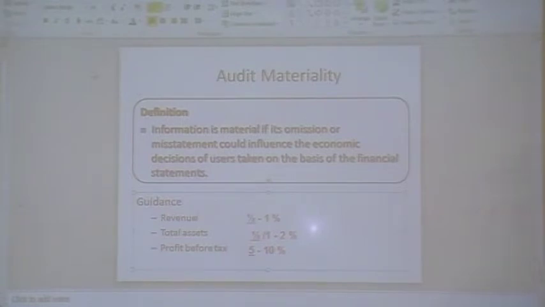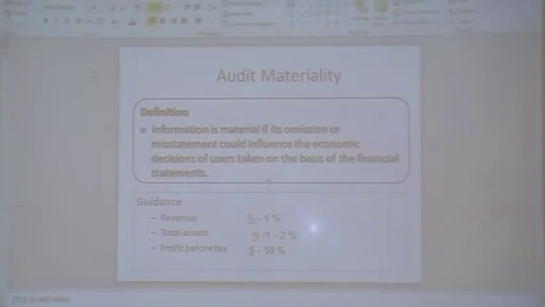Similarly, 50,000 is material to a small company which generates a profit of 60,000 a year. If there was a misstatement of 50,000 in the financial statements of the company, it would be very significant, because they're only making a profit of 60 and you've got a misstatement of 50,000. That's very, very material. It would change the view of the accounts depending on the direction of the misstatement.